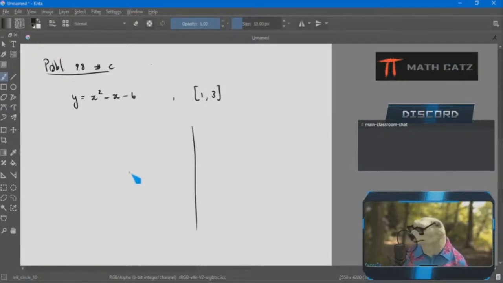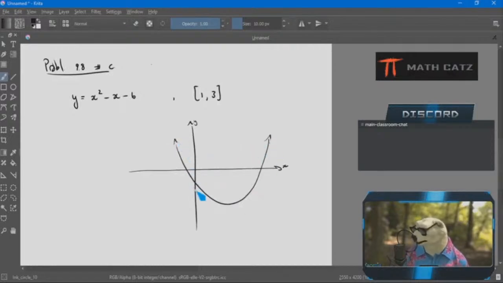Let's put an x-axis in a more neutral position. For y-intercept, I have negative 6. Axis of symmetry, negative b over 2a. That's going to give me a positive value. Okay, so it's going to sit somewhere over here, it looks like. I don't really care. It doesn't matter at all. I have 1, 2, 3, and I don't know where these guys sit.